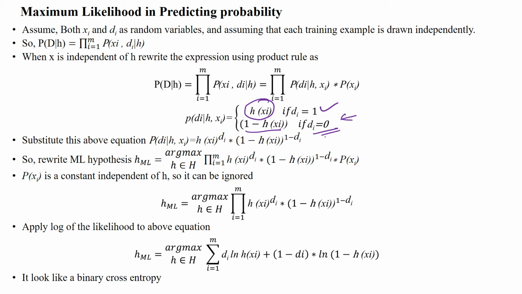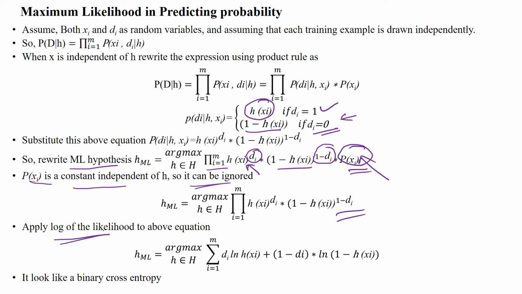When we apply this, we can rewrite the maximum likelihood hypothesis as the product for i equal to 1 to m of predicted output, and 1 minus predicted output, raised to the actual output, and the probability of xi. The probability of xi is a constant independent of the hypothesis, so it can be ignored and removed, and the equation rewritten.